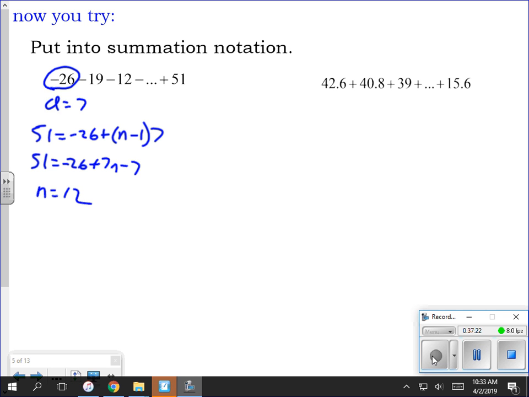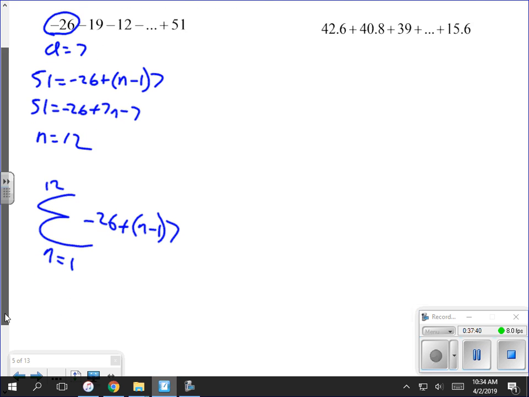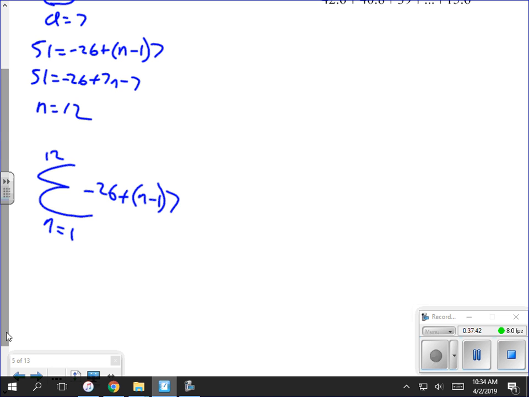So I have my first term, I have my D, I have my N. So I have the sum from N equals 1 to 12 of negative 26 plus N minus 1 times 7. Distribute, combine up.